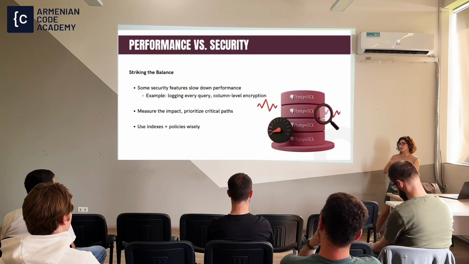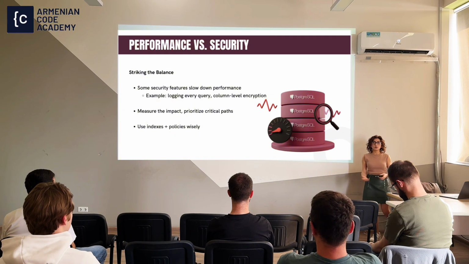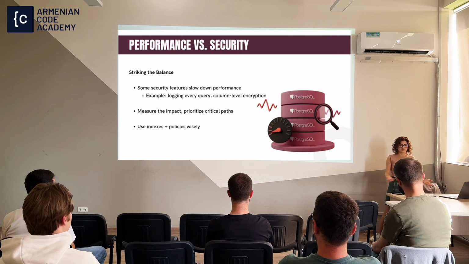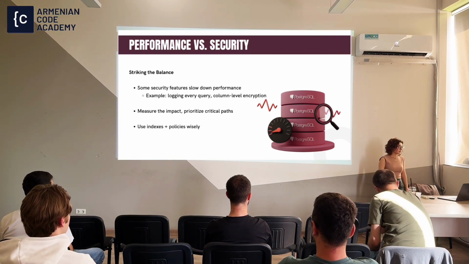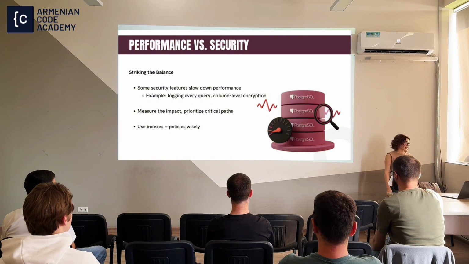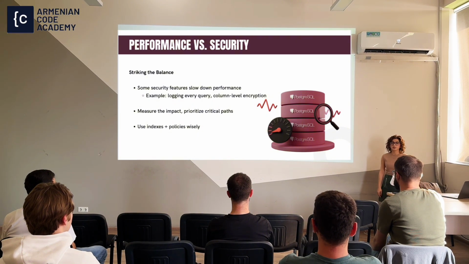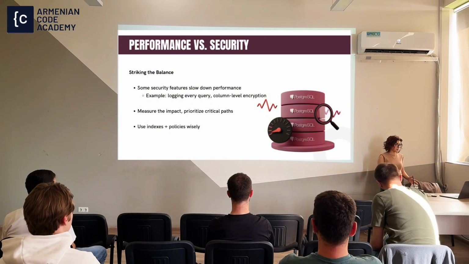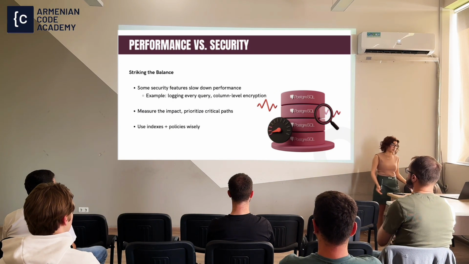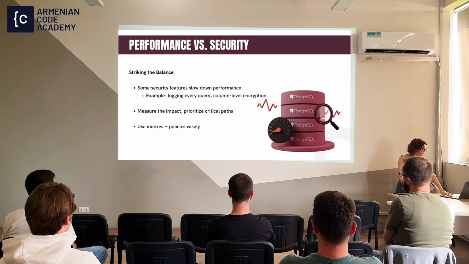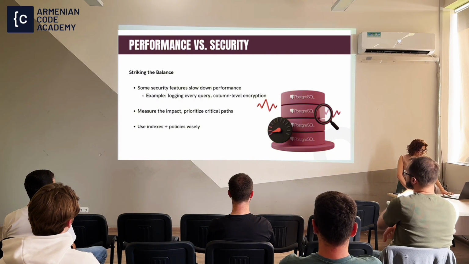Whenever there is a lack of security, all that data can be gathered by the hacker. So in such cases, we should measure the impact and prioritize critical paths, whether we want better performance or better security. And it is recommended to use indexes and policies wisely.